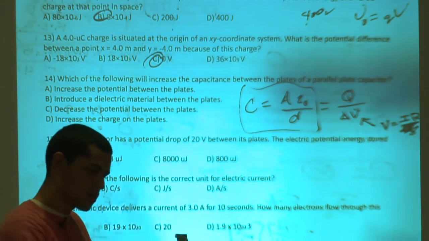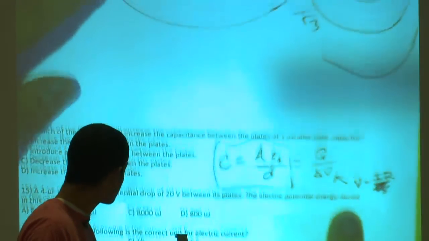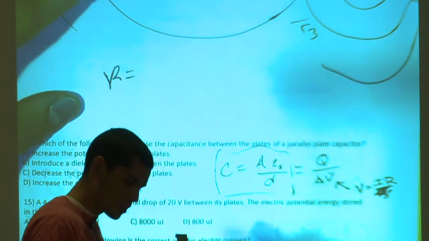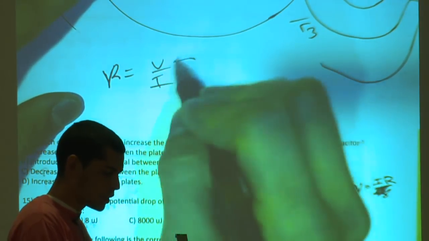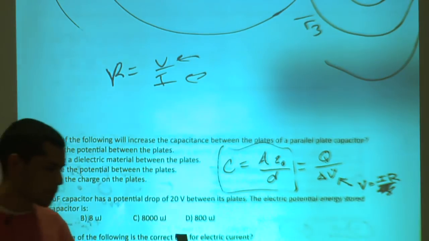If we convert V equals IR, the resistance is V over I, but if we change the potential, the current is going to change as well, right?